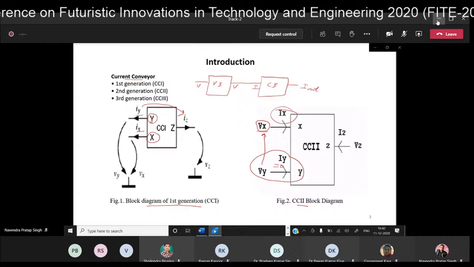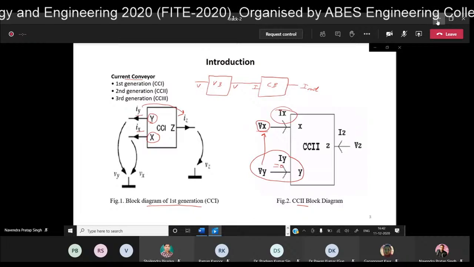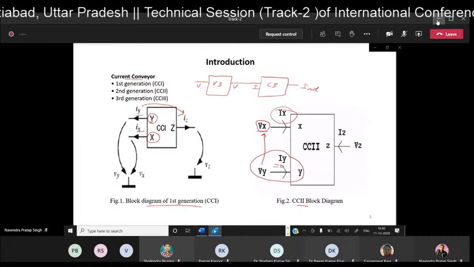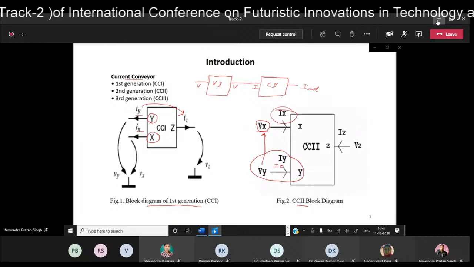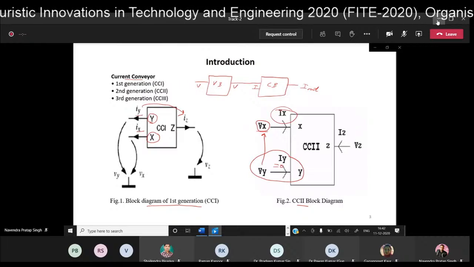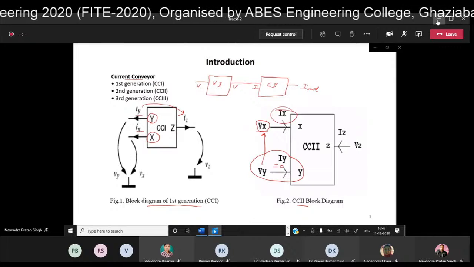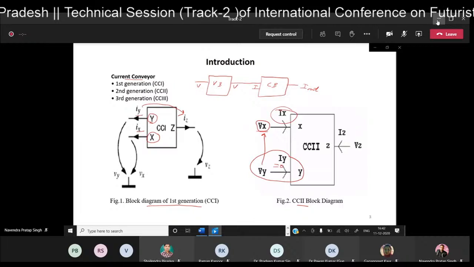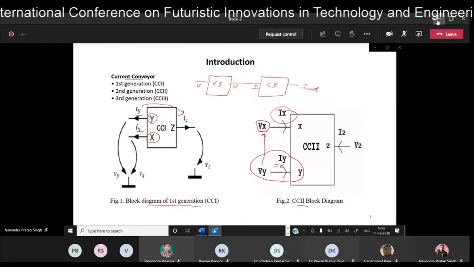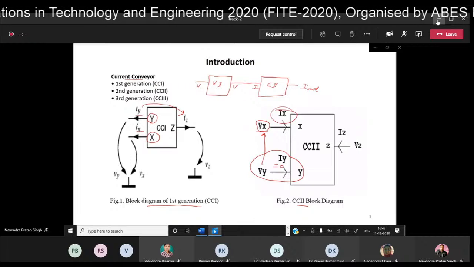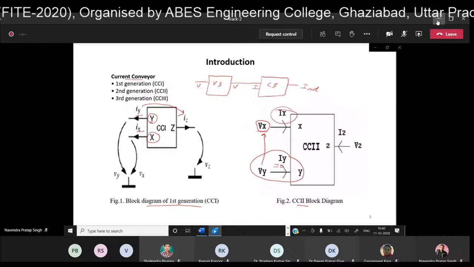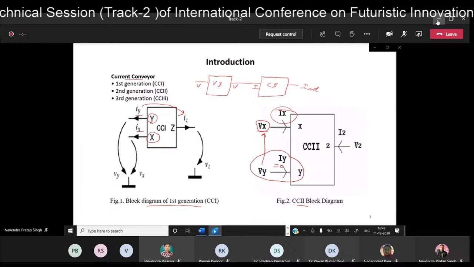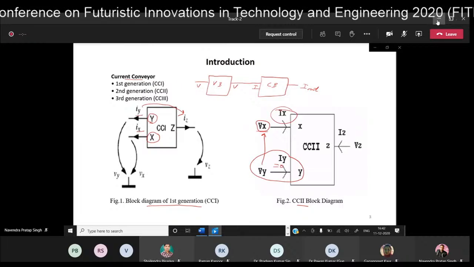Proceeding to the next approach, that is the differential difference current conveyor. It has the modification that at the input side, Y1, Y2 and Y3 terminals are taken, and the output is in the same manner, that means X and then passes to Z. But the inputs are Y1, Y2, Y3, and as the name indicates, differential difference, that means the difference of Y1, Y2 and Y3.